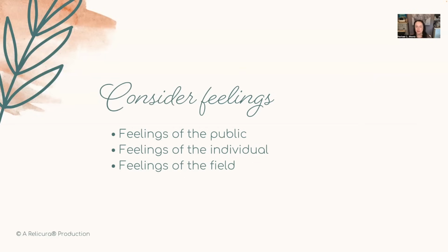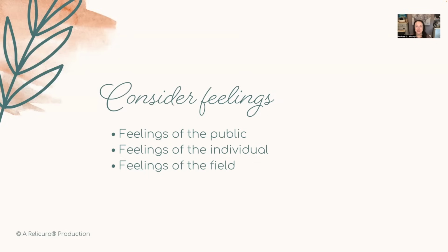So thinking about the individual, whether that was the donor of the collection, whether that was the creator of the collection, whether that is the individuals of a cultural community where that particular collection or item was created and intended to be used and enjoyed rather than in a museum, for example, and the feelings of the field.